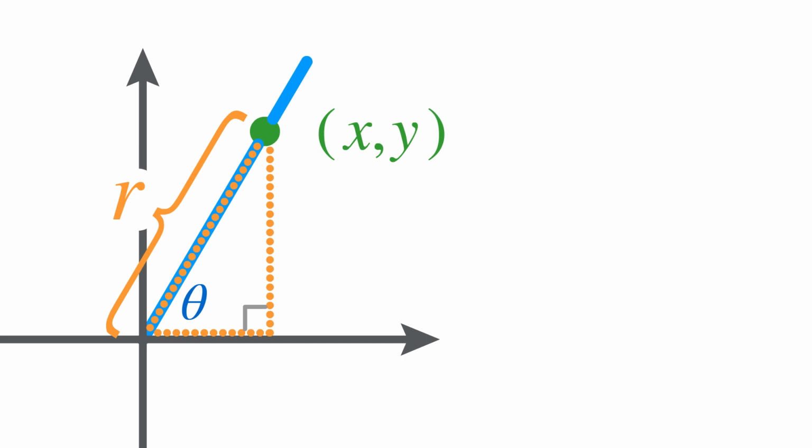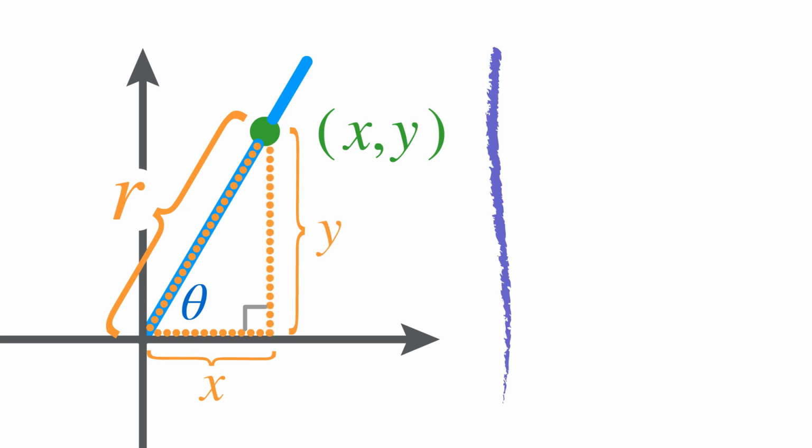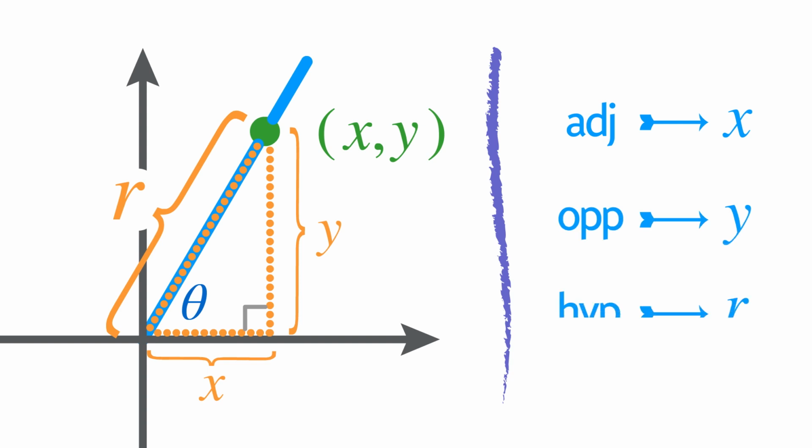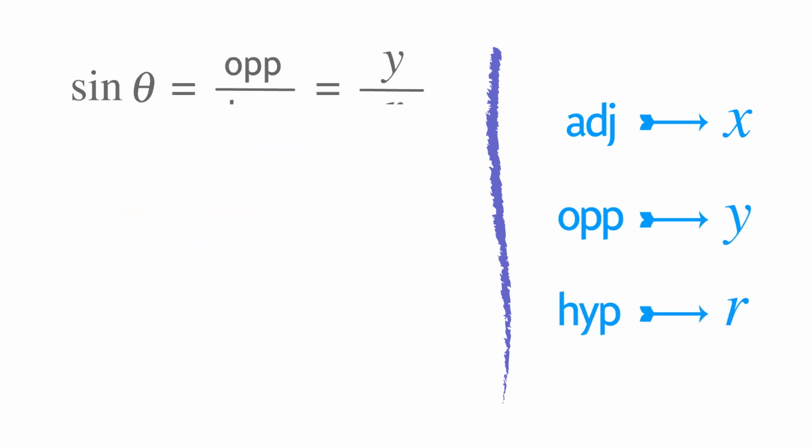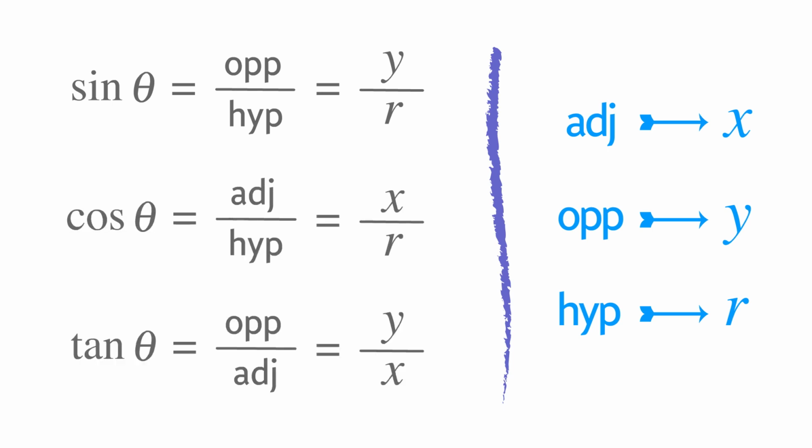This means that we could use the right triangle definitions we already know, but notice that the length of the hypotenuse is the same value as r, the radius. The adjacent side length matches the x value, and the y value matches the opposite side length. With these equivalencies, we can easily translate our right triangle definitions to ratios that involve x, y, and r instead.